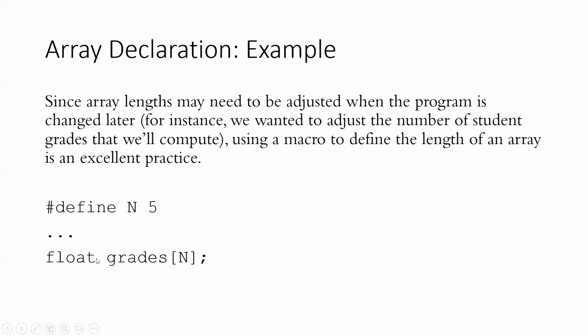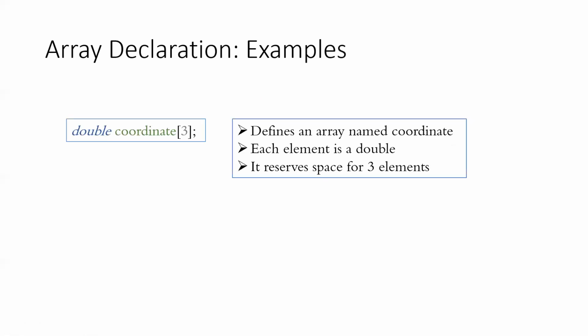Later on, when we declare our array, instead of using a magic value, if you remember what a magic value is, we will be using the variable n with a constant length of 5, right?